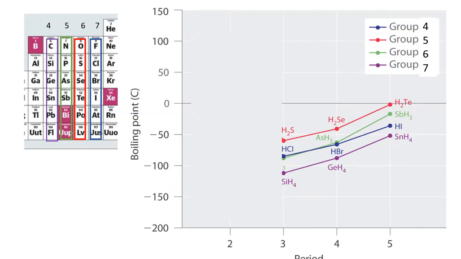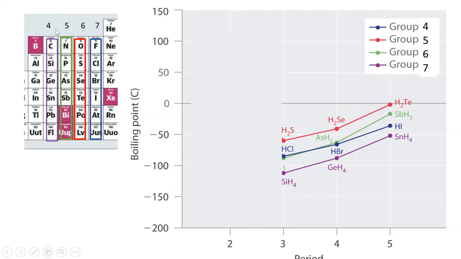So if we look here then, we've got the hydrides of groups 4, 5, 6 and 7. And what I mean by hydride is basically they're joined up to hydrogen. So you've got hydrogen sulfide and so on, hydrogen chloride. And if we look there, as we go down a group, so let's say we look at the green group here, you can see that our boiling points are increasing down the group.